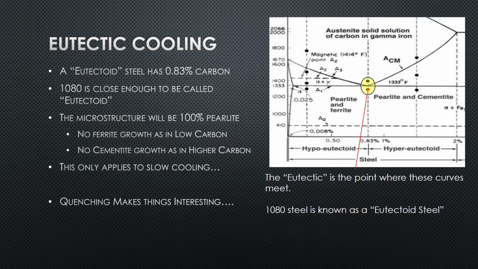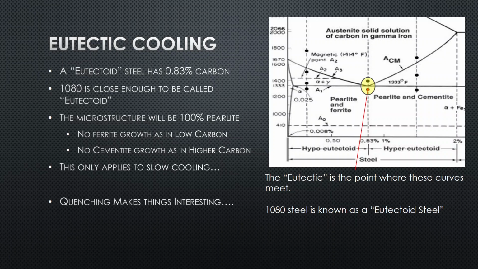That in the high temperature, we can distribute the carbon evenly throughout the steel. And in the low temperatures, we cannot distribute the carbon there because low temperature ferrite squeezes out all of that carbon.